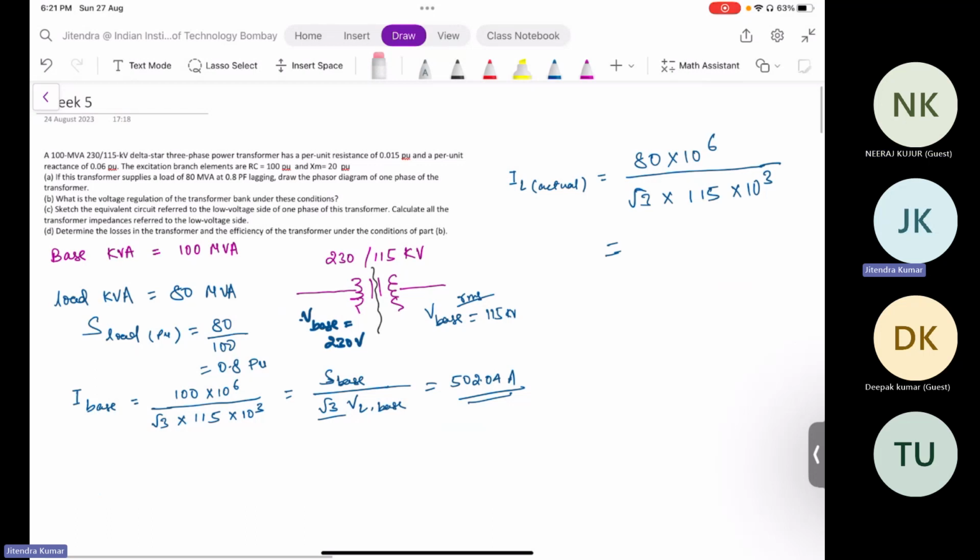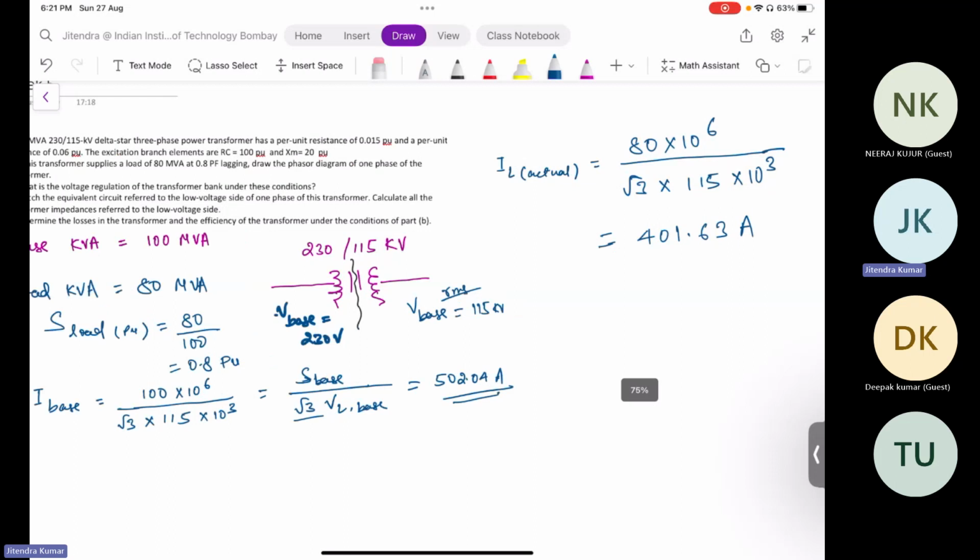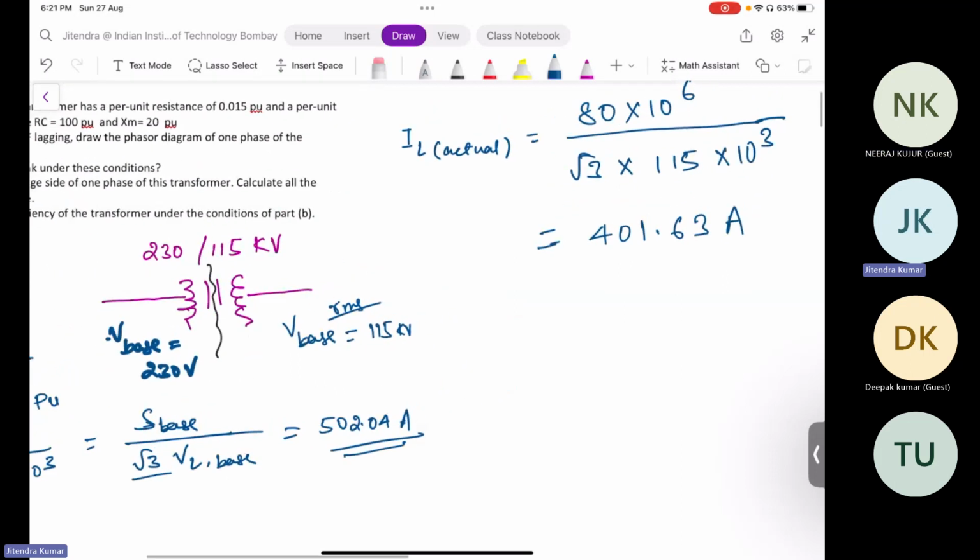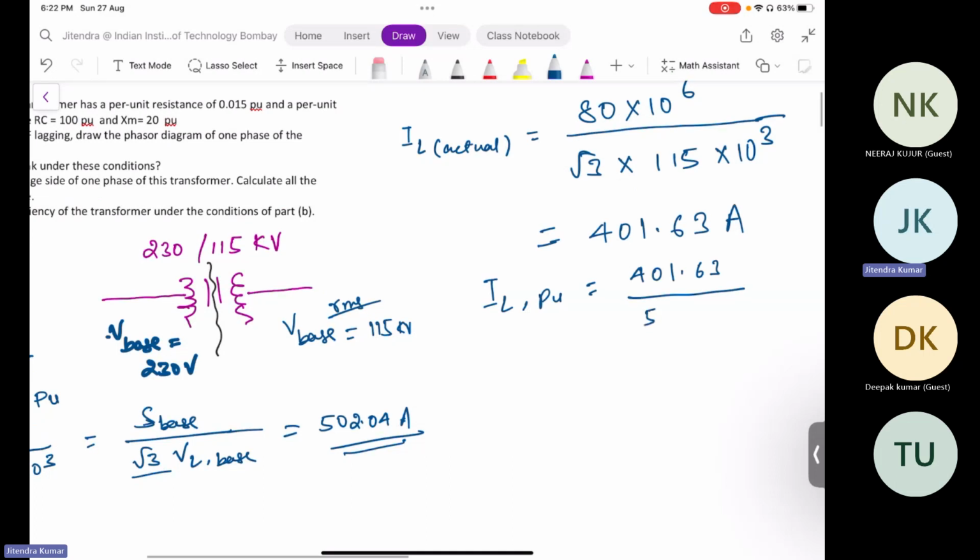It comes out to be 401.63 amps. So to compute the load current in per unit, it will be 401.63 actual value divided by the base value, which is 502.04.